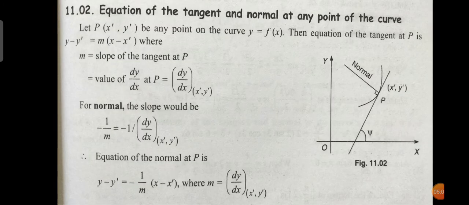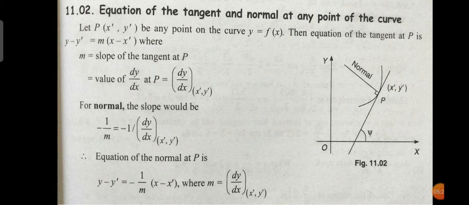Next, the equation of the tangent and normal at any point of the curve. Here the figure is given, and the curve is given, and the point P of x dash, y dash is the point we have taken on the curve y is equal to f of x.